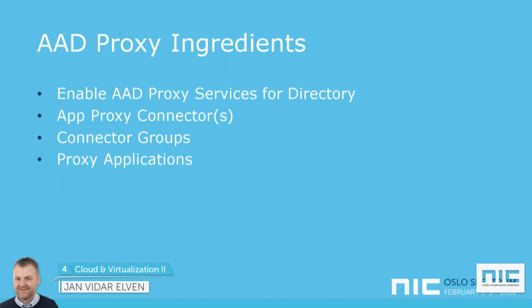This is great because you can have different kinds of groups which are nearer to the applications you are thinking about publishing. For example, you can have web applications that are running in a DMZ, then you will need connectors organized in a group there. And you can have connectors running in the internal server LAN, for example, and you can organize them. And of course, you need some proxy applications to publish.